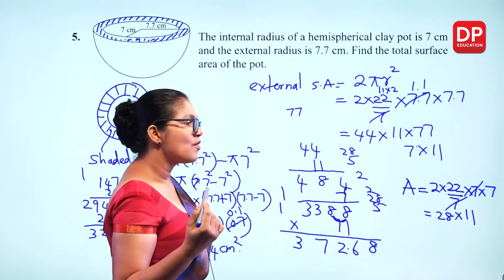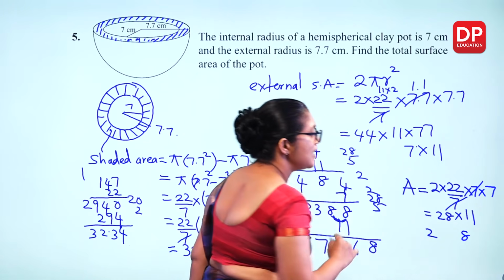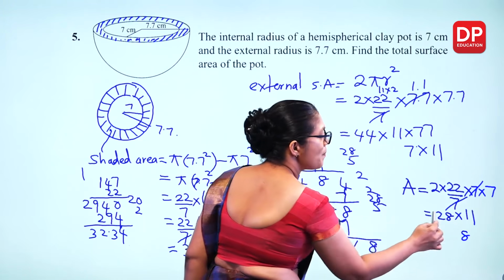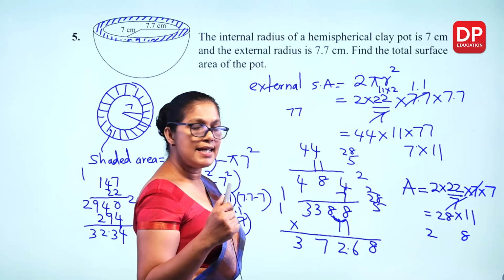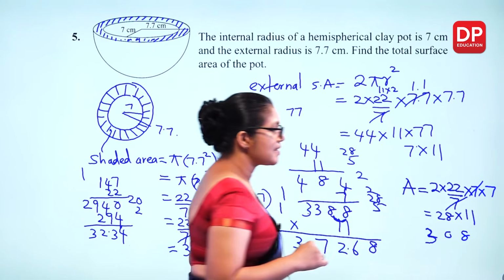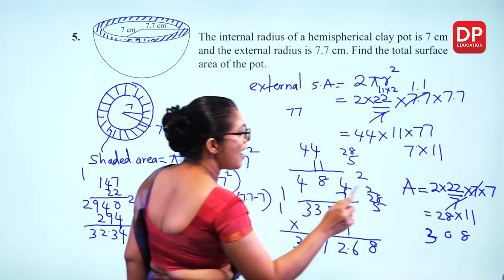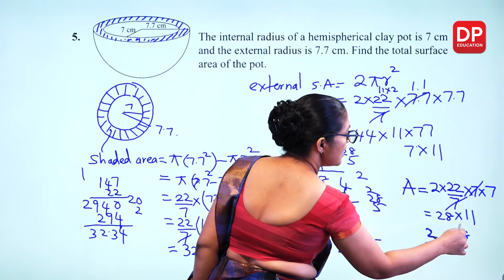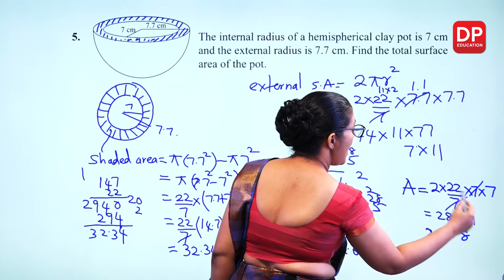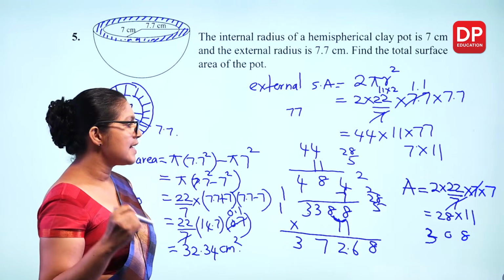Again, we know how to multiply by 11. 2 and 8 we separate. 2 plus 8, 10. We write 0 and 1 remaining. So the answer is 308, and this is the internal surface area.